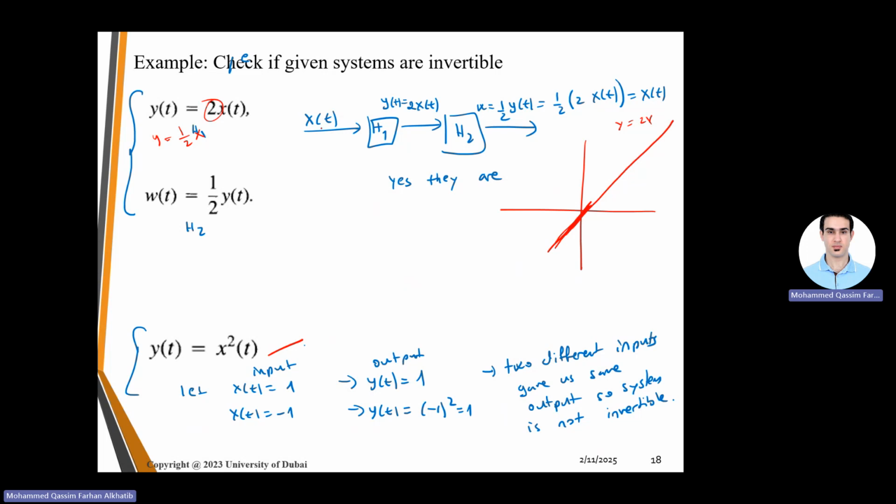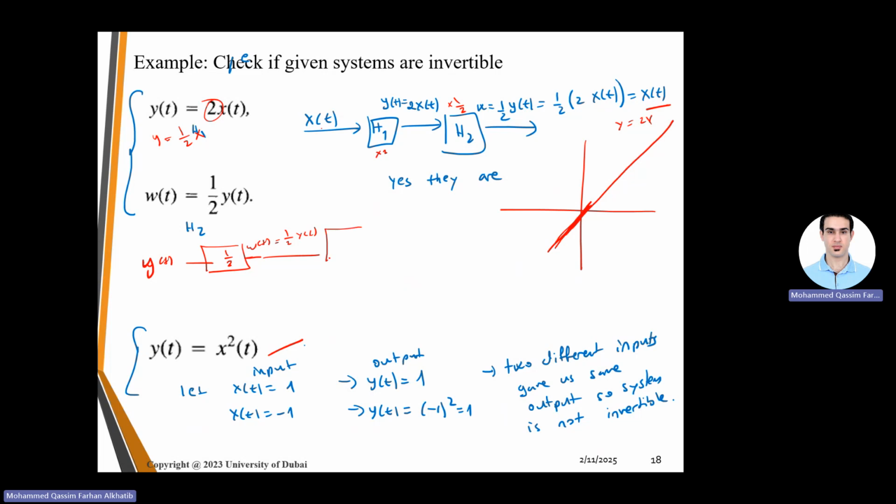So you have x(t), the transformation to y(t), and the other transformation. This one you multiply by 2, and the other you multiply by 1/2. That will lead to the same input. Similarly, w(t) = half y(t). The input is y(t), the first transformation multiplies by half, so you get w(t) = half y(t).